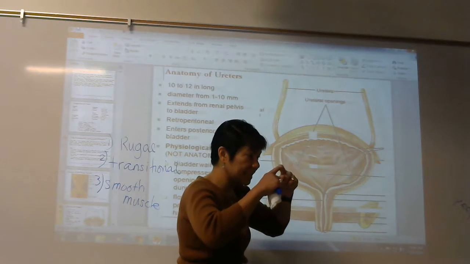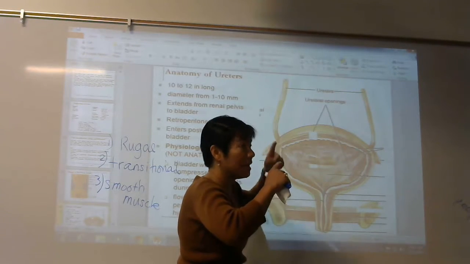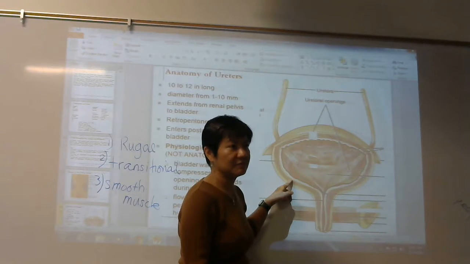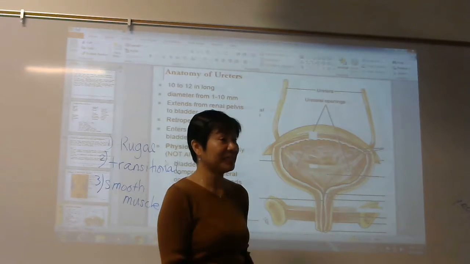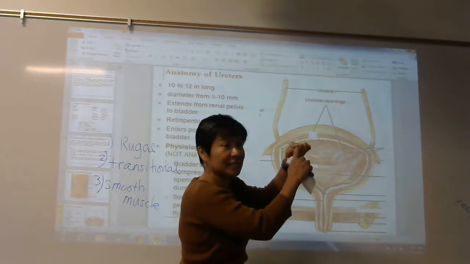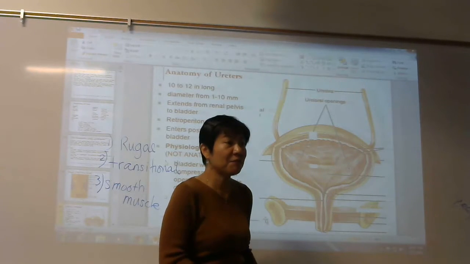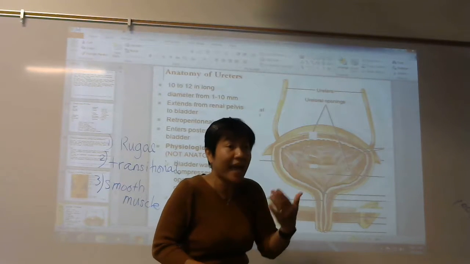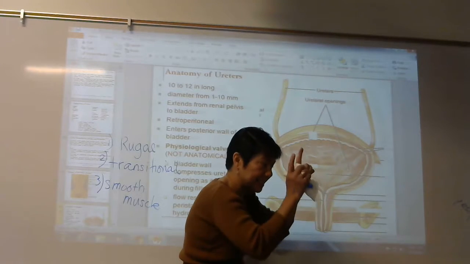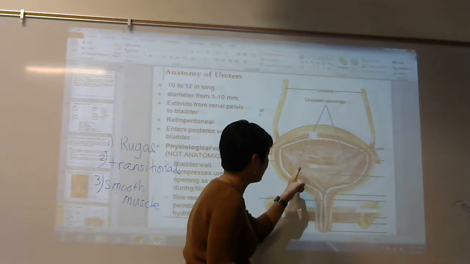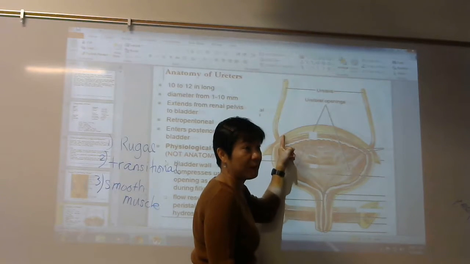So yes, it can prevent reflux, but not effectively. That's why when it fills to 400, you feel the urge. If it were effective, you wouldn't feel the urge. But you feel the urge. It's telling you, go empty it. Because it can easily revert like that. And what happens? Up, up, up.